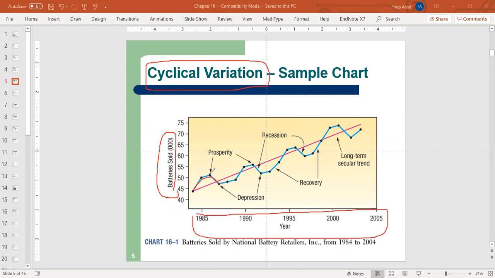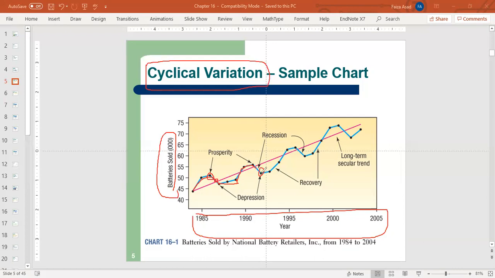At this point, business is prospering and growing, but when this line is decreasing and below the pink line, which is the secular trend, it shows the depression. Then this depression is prolonged over this time period, and then it started to increase and grow, and then again it falls down and faces a recession and then enters into a depression.